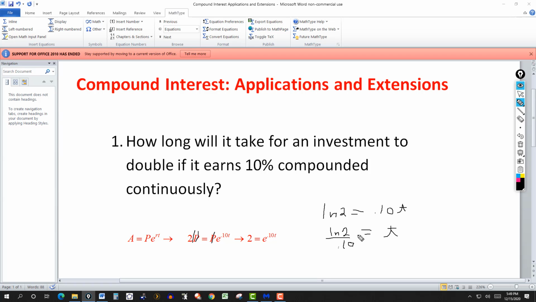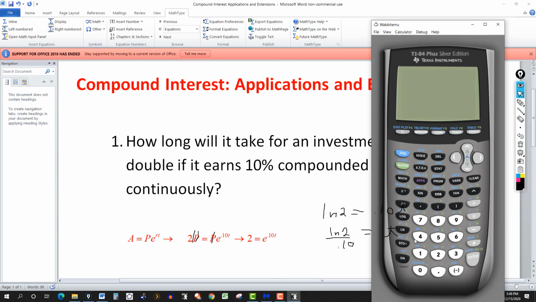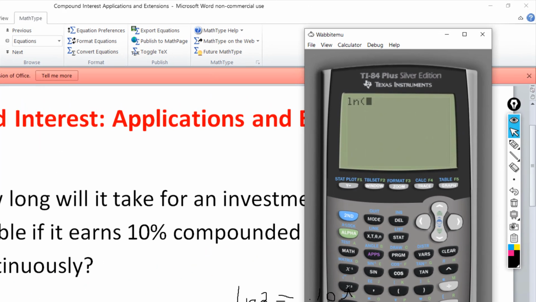You can do that on your calculator. I use my graphing calculator here, and it would just be natural log of 2, parentheses, and then divide by 0.10, or 0.1, it's the same thing. Hit enter.